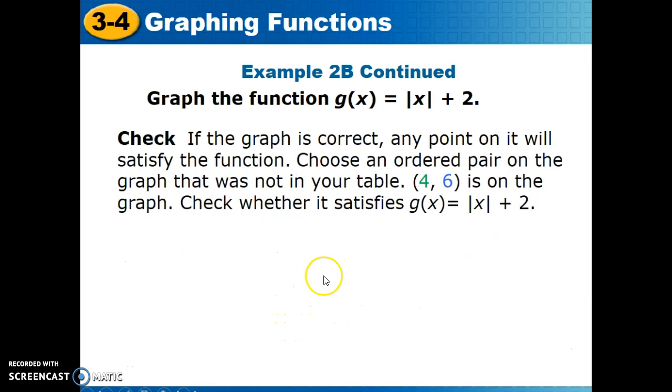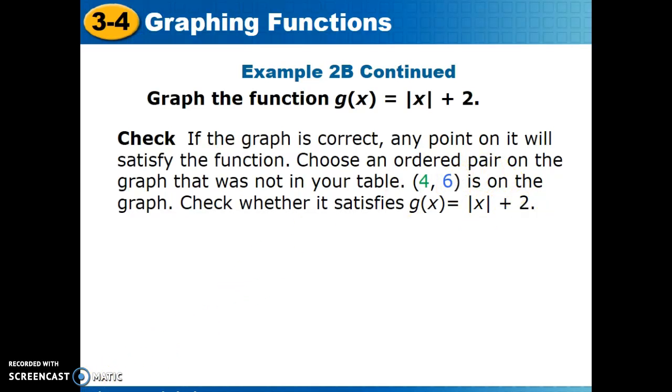If the graph is correct, any point on it will satisfy the function. Choose an ordered pair on the graph that was not in your table. 4, 6 is on the graph. Check whether it satisfies this function. We're going to input 4 for x. Absolute value of 4 is 4. 4 plus 2 is 6.